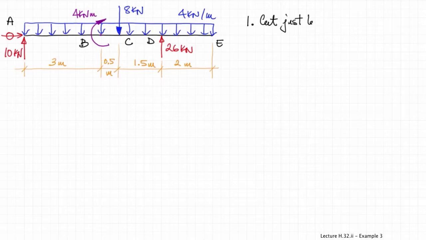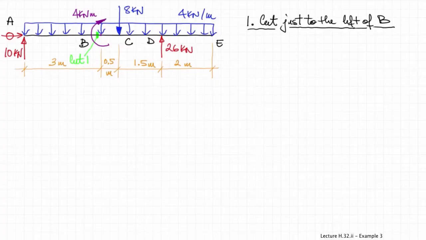So for this reason, firstly, we will cut the beam just to the left of point B, and then we will draw the resulting free body diagram, either the left hand side or the right hand side. So let's choose the left hand side of the free body diagram, which is a little simpler, fewer forces acting on it.